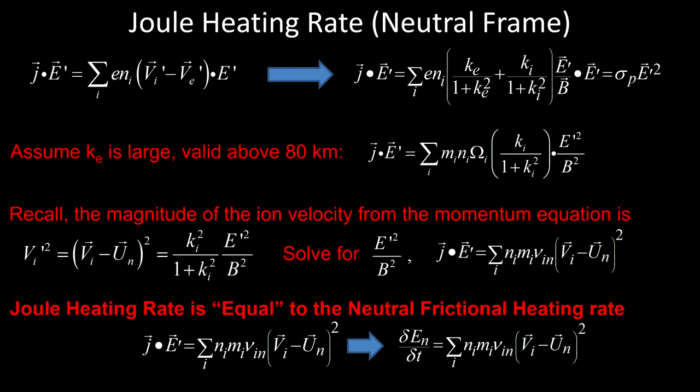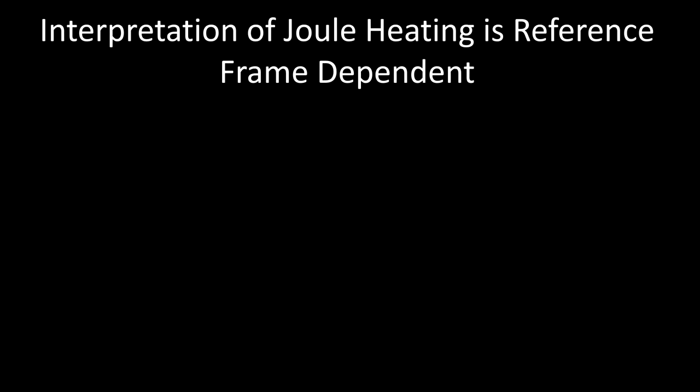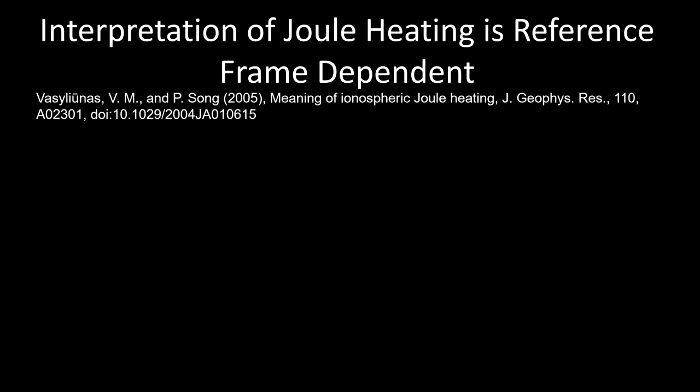I have to say that sometimes in my writing I wasn't always as careful as I think I should have been. Now if we talk about Joule heating and reference frame, Vasyliunas has been getting on us for a little bit about our usage of these types of descriptions. I spent a lot of time thinking about these kinds of things as he published this paper in particular.